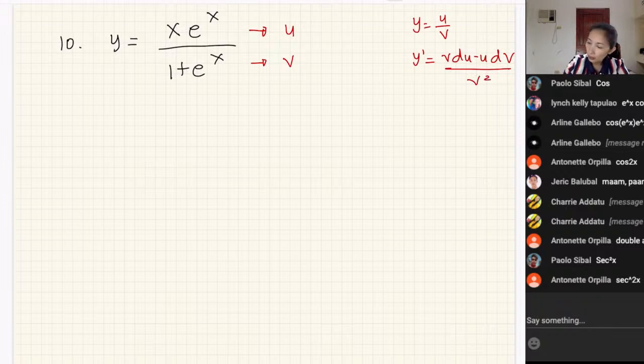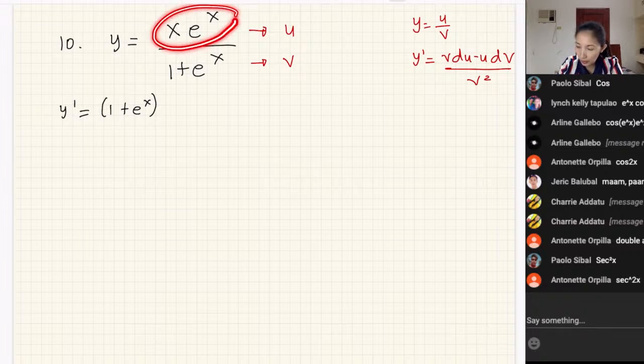So what will y prime be? Y prime will be equal to v, which is our denominator, 1 plus e raised to x, times du, the derivative of the numerator. However, our numerator is a product, so to differentiate our numerator, we have to apply the product rule.